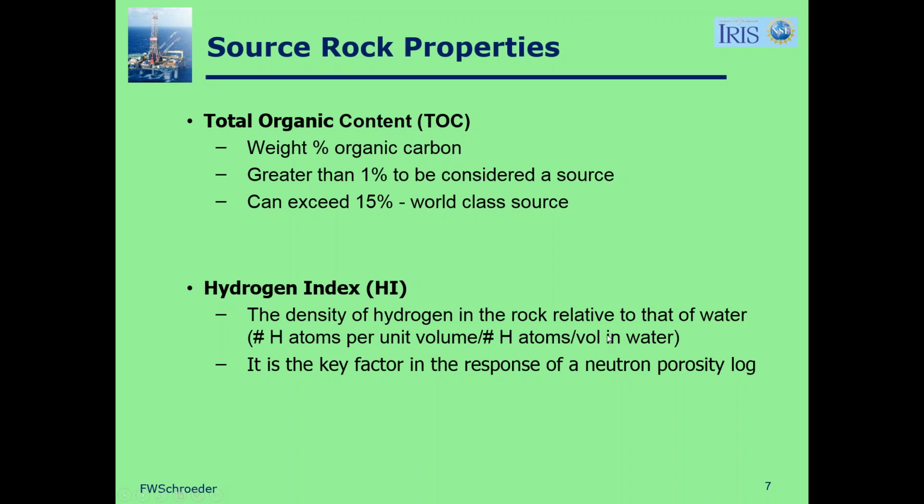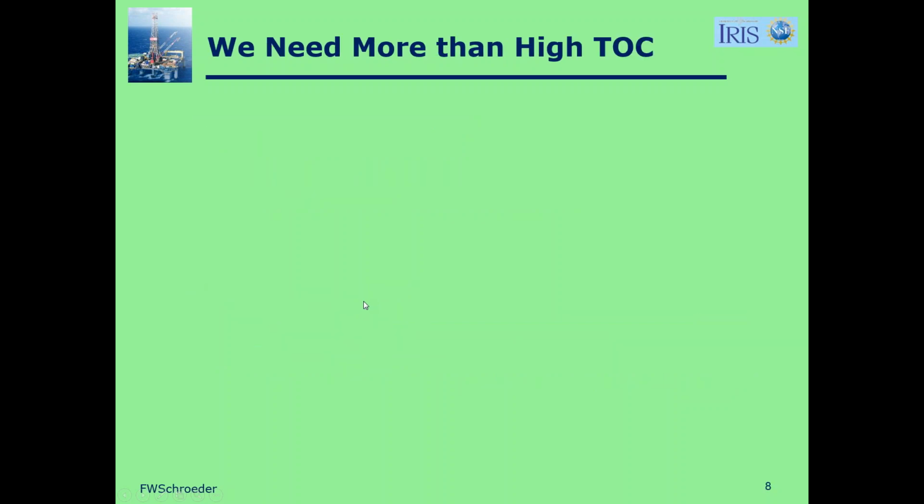The hydrogen not in the water presumably would be in organic material. And if we have a well and we have a neutron porosity log, that particular log responds quite well to the hydrogen atoms, and so it gives us a way to measure what the hydrogen index would be given that particular log.